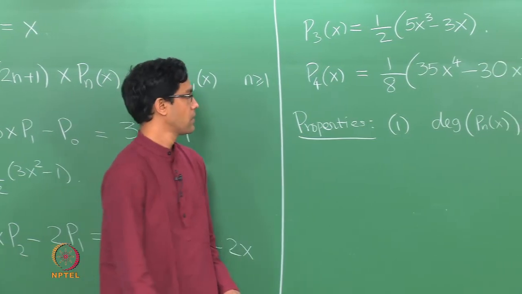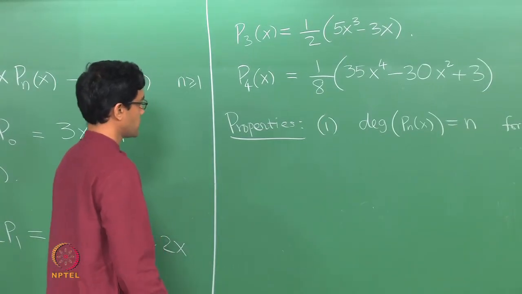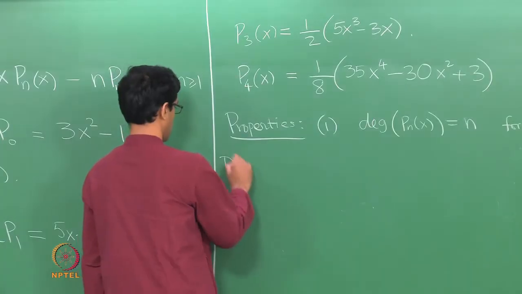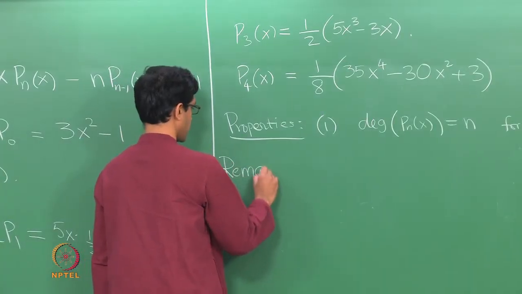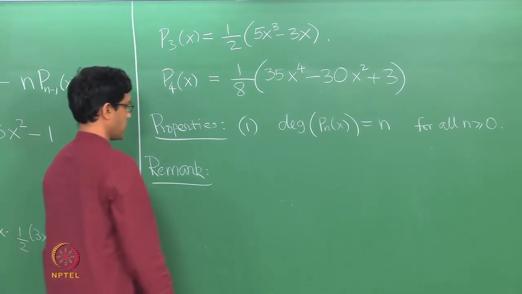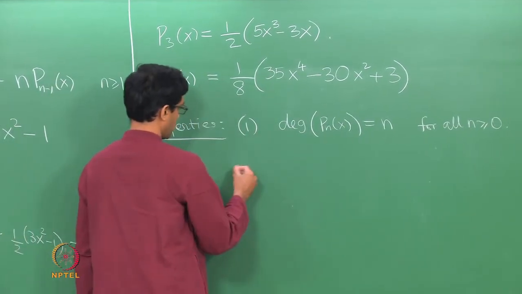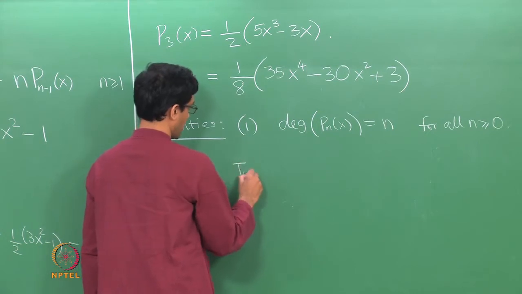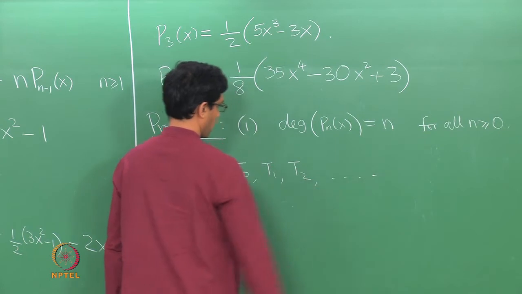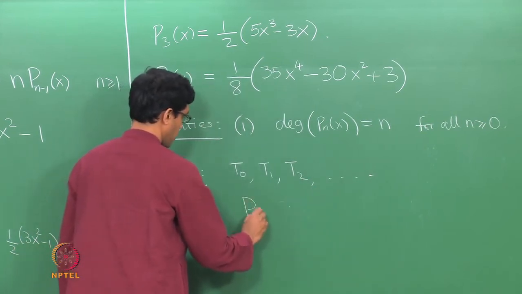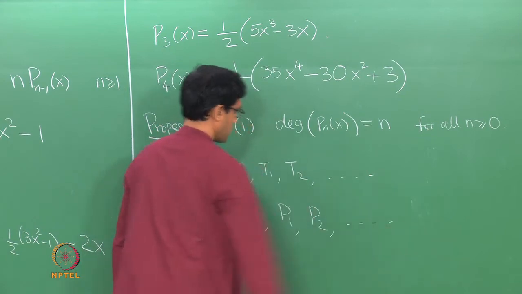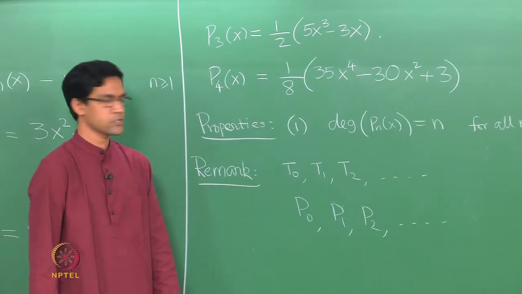Polynomials of this kind are rather useful for the following reason. Here is a remark concerning such polynomials. Observe, we have already constructed two such series. We have T0, T1, T2, and so on, the Chebyshev polynomials. Then there is P0, P1, P2, the Legendre polynomials.